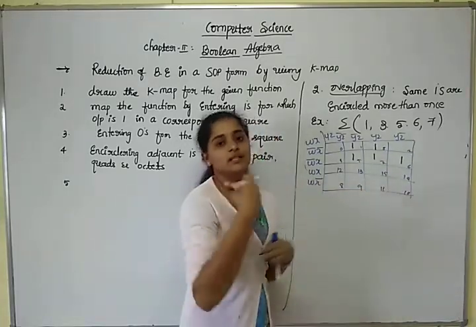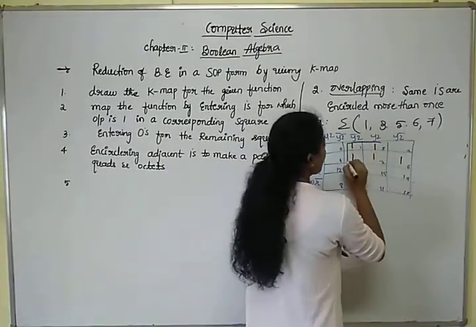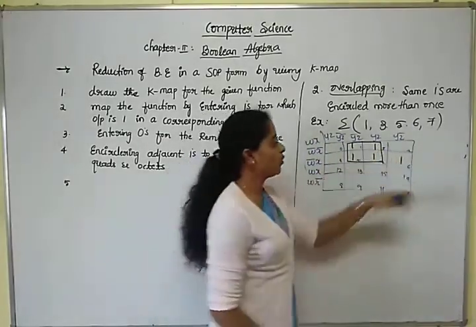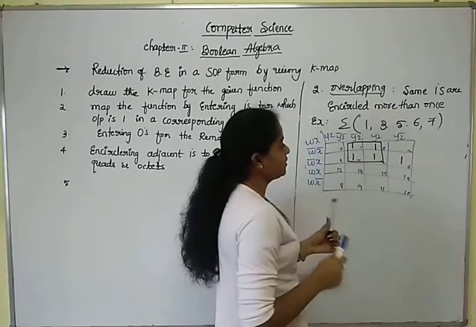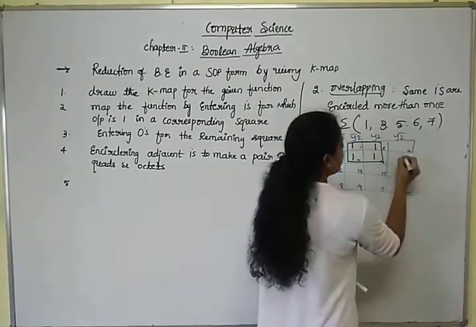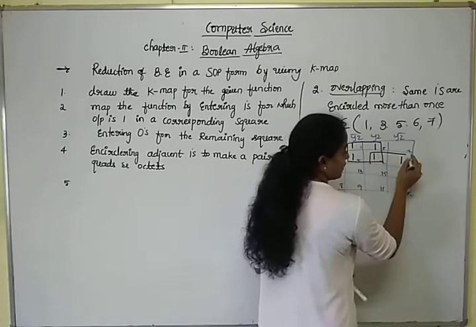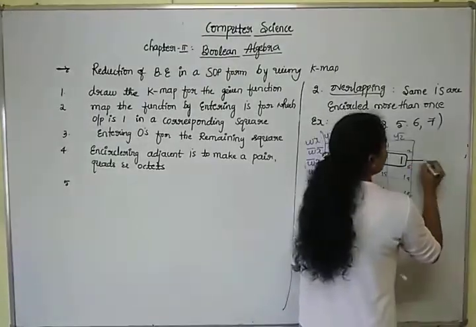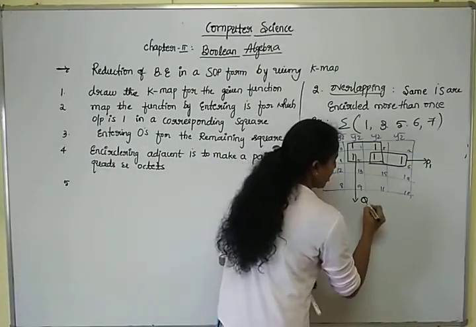So now let's move on to quads. Here the 4 adjacent ones are encircled, forming one quad. So here only one variable remains. If the possibility of encircling this one overlaps with this group, then it forms a pair. Here in the given map we got one pair and one quad.